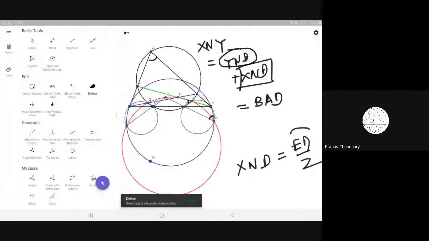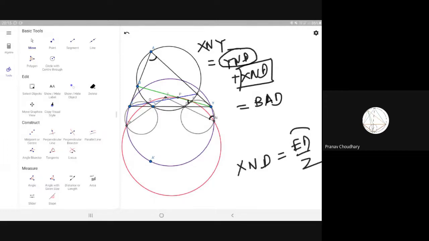Any ideas? How did you write XND to be ED by 2? Yeah, we will prove that. That's what we need to prove. And why do you need to prove that? I didn't get it.